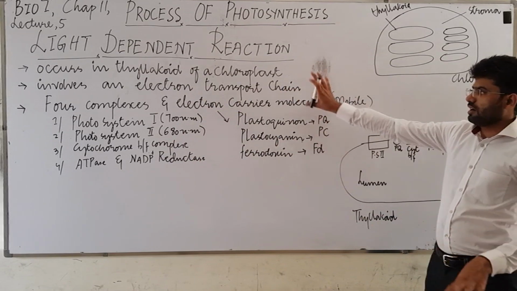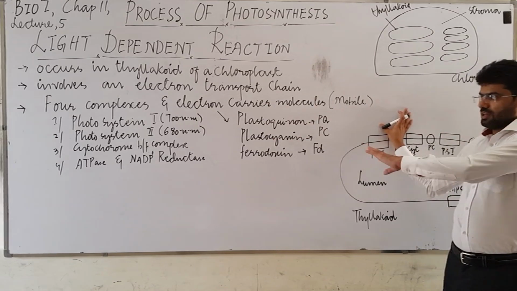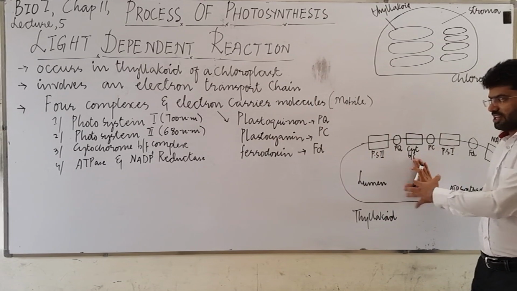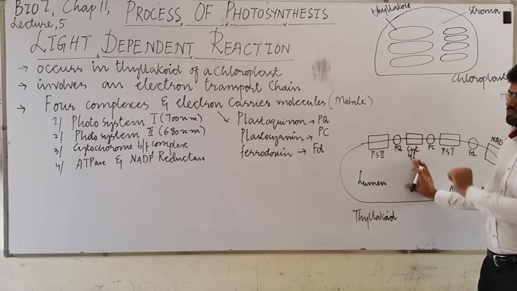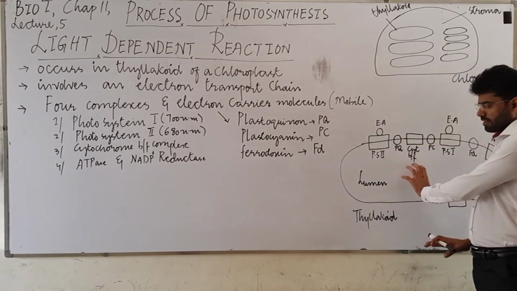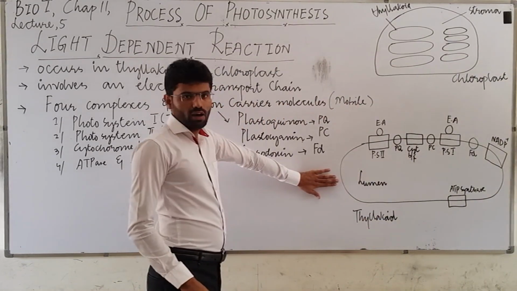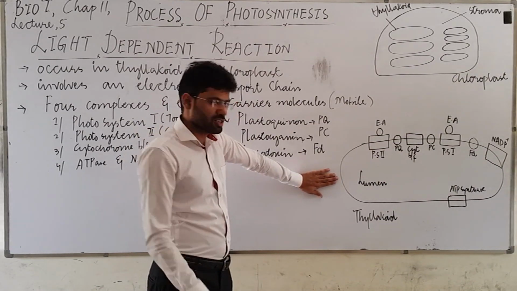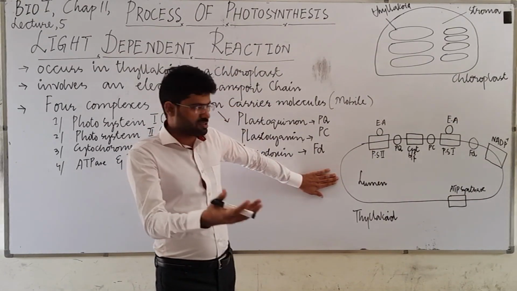Now this is called the overview of the light dependent reaction, the electron transport chain. I will discuss this in a bigger picture as well. So now this is called a thylakoid, the disc-like structure of the chloroplast in which the light-dependent reaction happens.